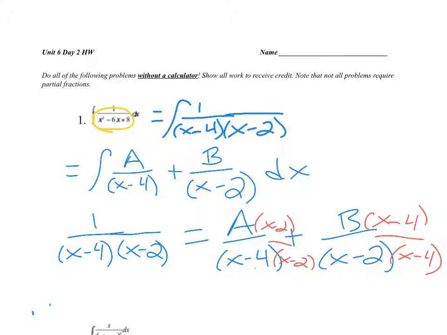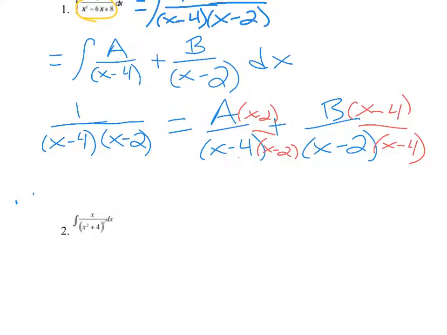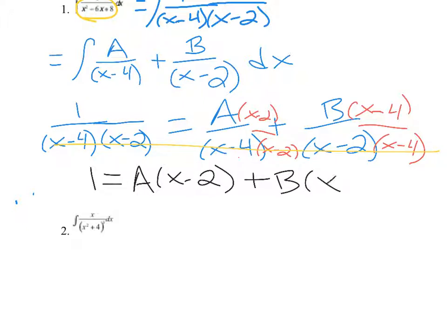So you're multiplying by undercover ones there. And then you can indeed cross-multiply those. Essentially the denominators go away and you're left with just the numerators. So you end up with 1 equals A times x minus 2 plus B times x minus 4.